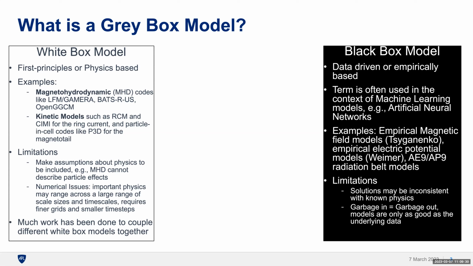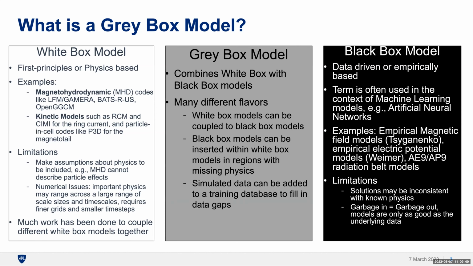But these also have limitations. The solutions may not be consistent with known physics. And there's also the principle of garbage in equals garbage out. The models are only as good as the underlying data that have been used to train them.